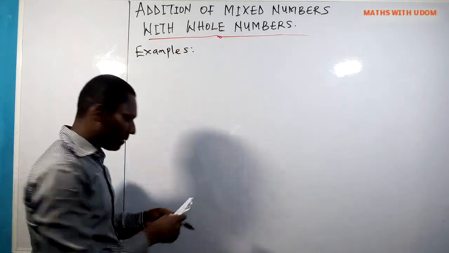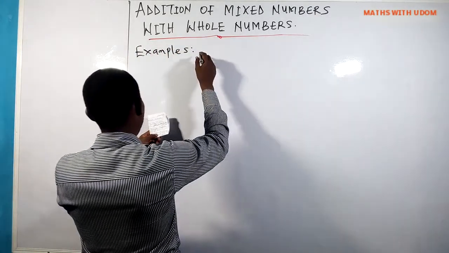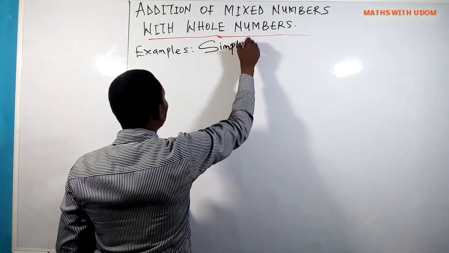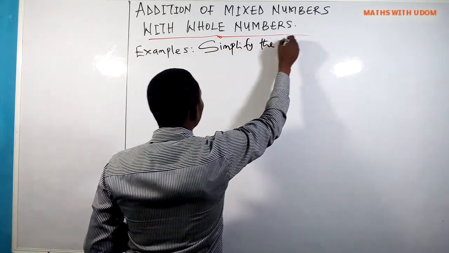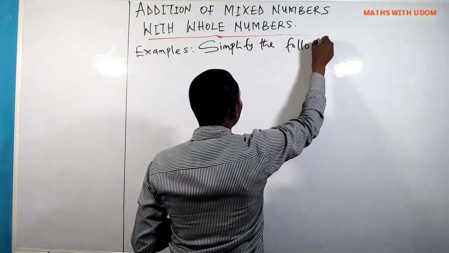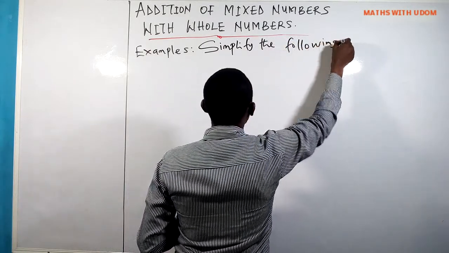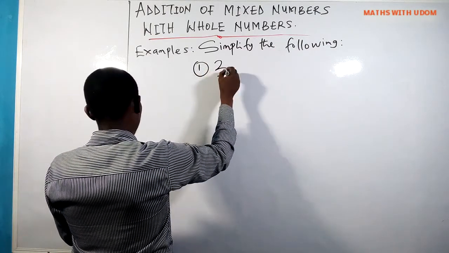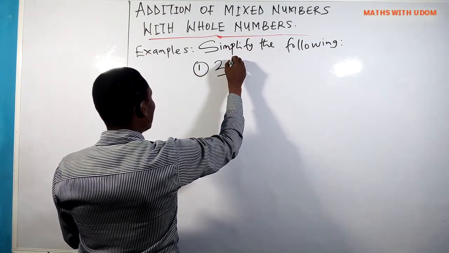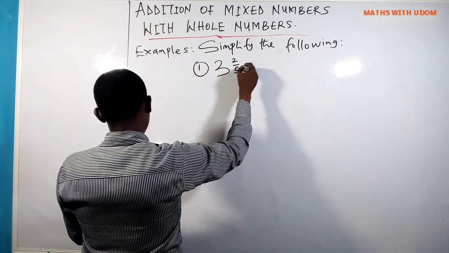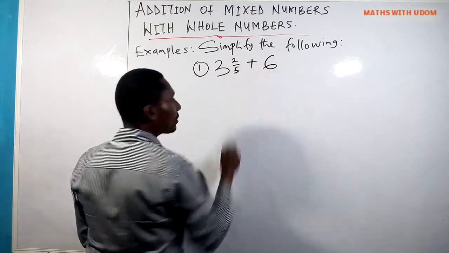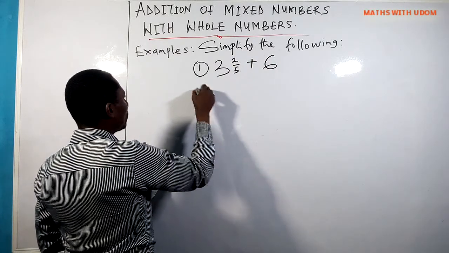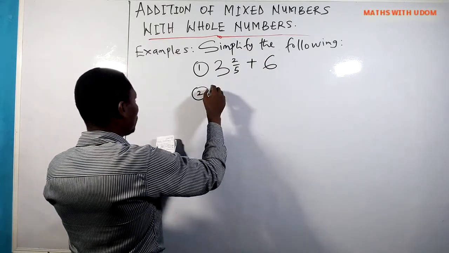Okay, are we together? All right, so we have: simplify the following. Number one, 3 whole number 2/5 plus 6. Okay, and number 2, what do we have?